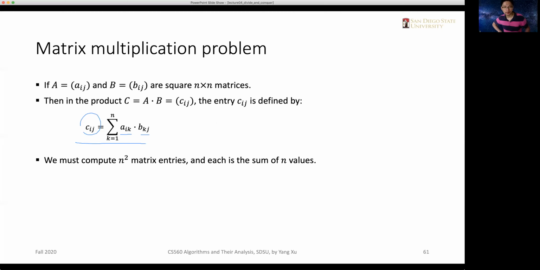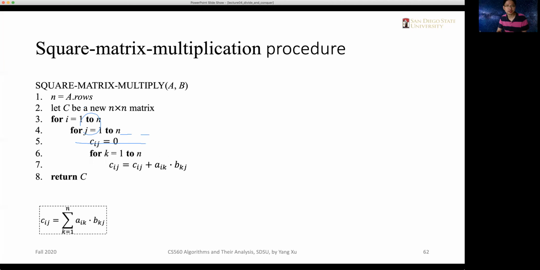So there are n squared entries that we need to compute, and each entry is the summation of n values in this form. Okay, so a brute force algorithm is to use triple for loops, right?